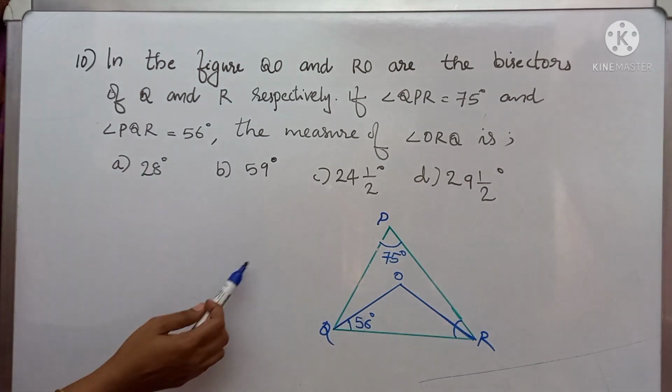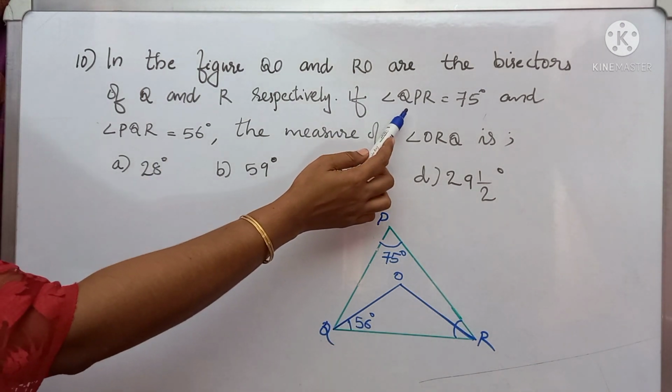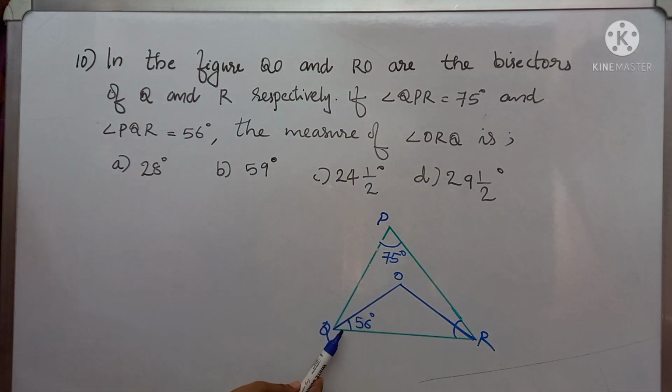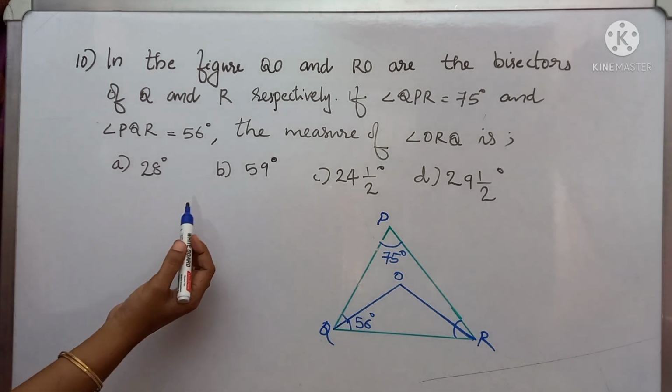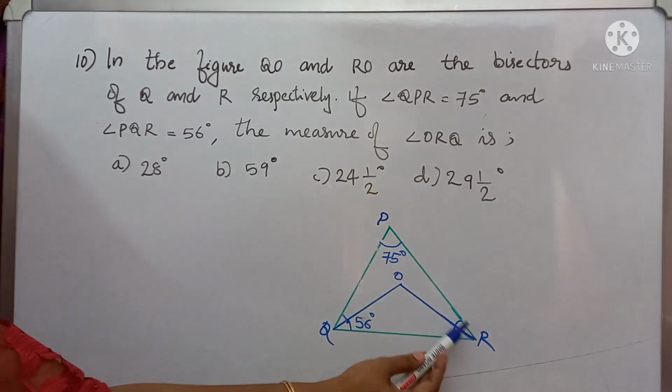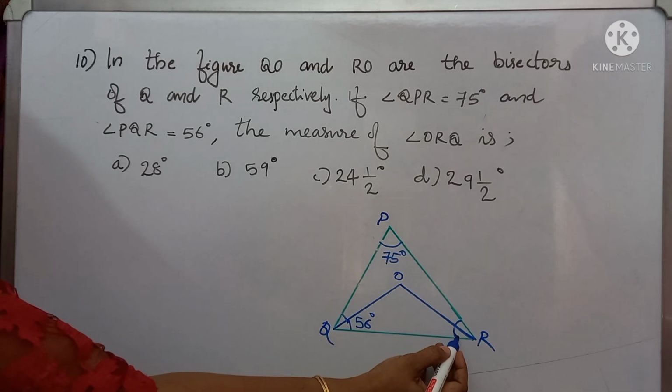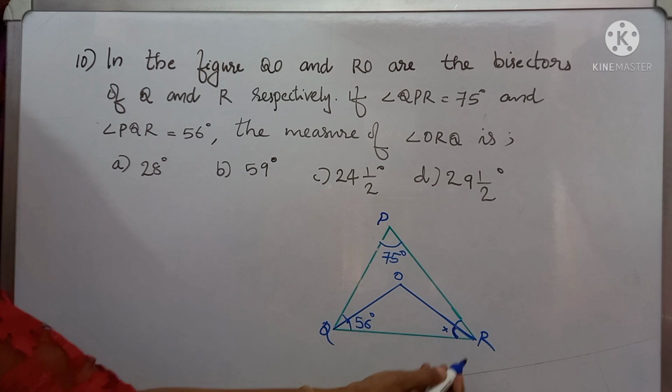Here it is given angle QPR is equal to 75 degree, angle PQR is equal to 56 degree. And we have to find the measure of angle ORQ. This angle measure only we have to find.